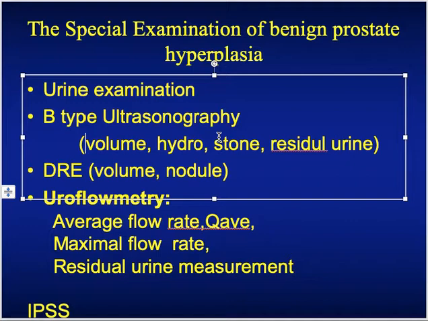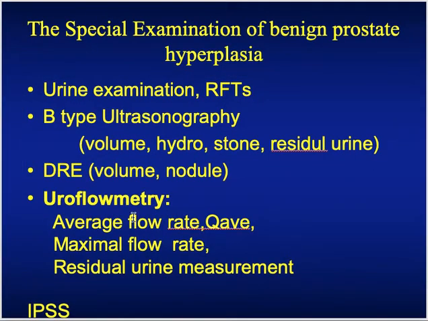And if it is a chronic type, you might be interested in doing RFTs, renal function tests, to see whether there is any problem in the kidneys or not. All these investigations we can do to diagnose BPH. Based on these results, we can say whether the patient has benign prostatic hyperplasia or not.